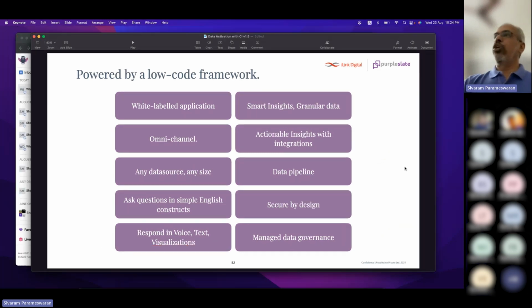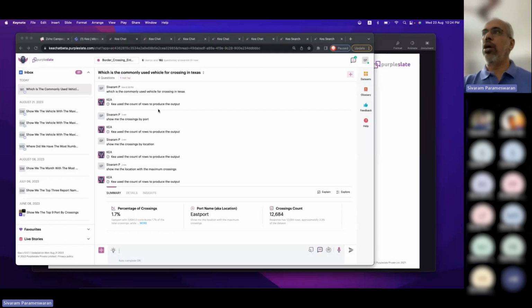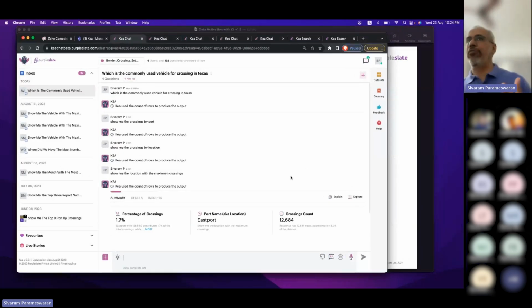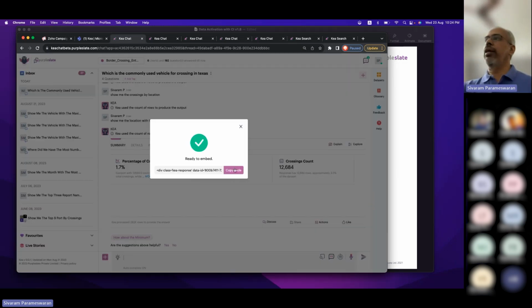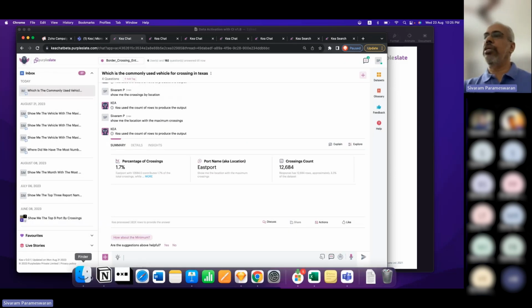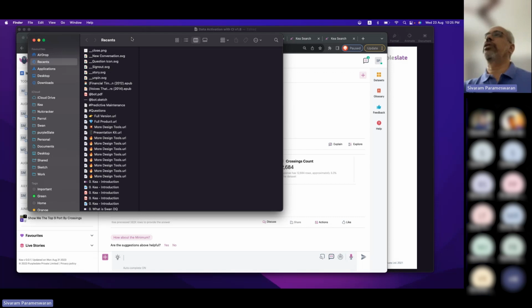One thing you can also do is, a lot of companies have their own web applications where they build the dashboard and all that, right? You can onboard a data set and then embed the Kia response within your application. It's a very small piece of code. Let me show an example here.